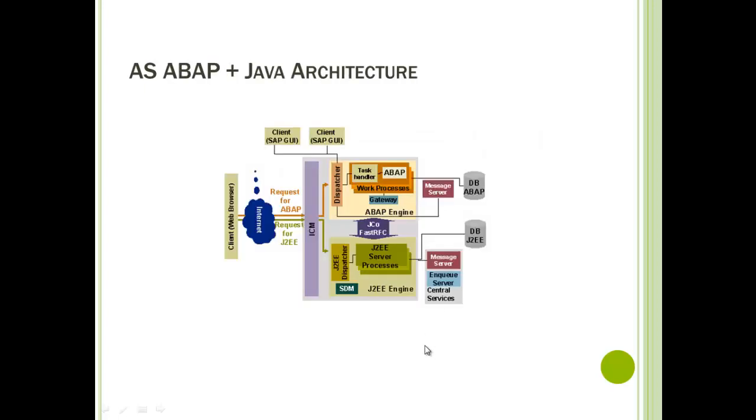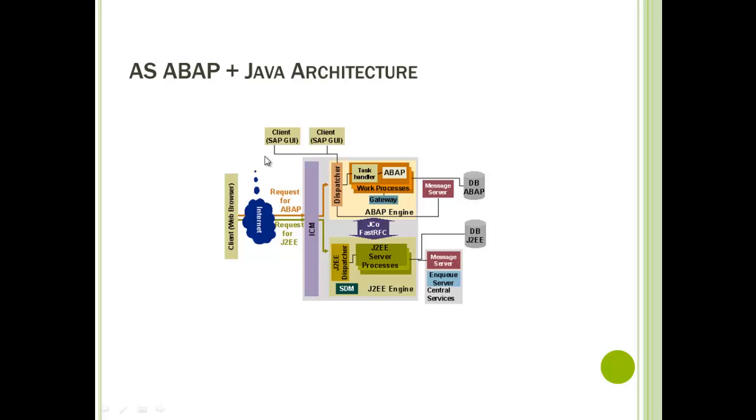Next, let us have a look into ABAP as well as Java architecture. So in ABAP and Java architecture, the application server ABAP plus Java means it works with the same SID, the system ID, the ECC what we have seen.